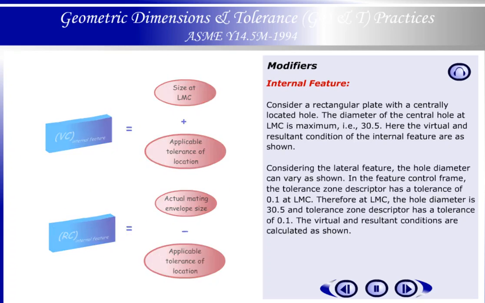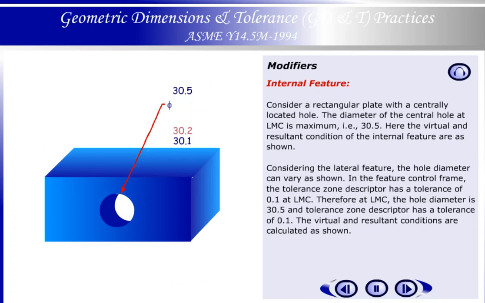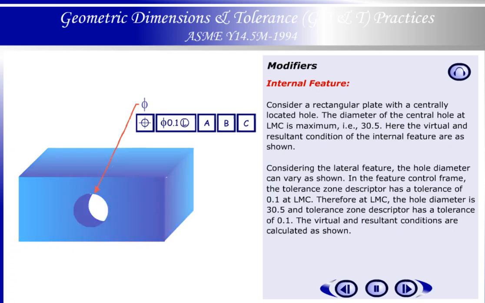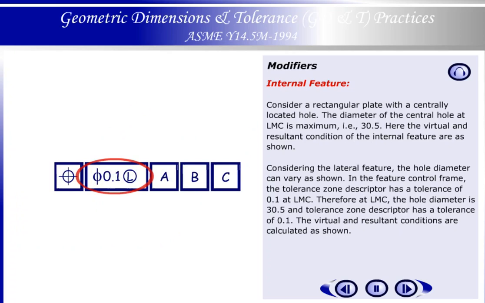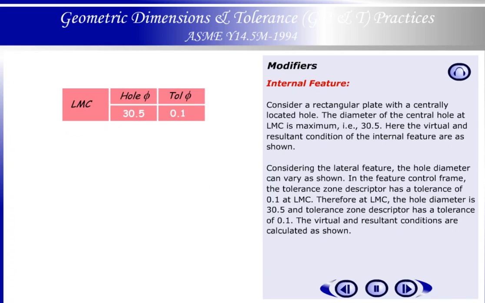Considering the internal feature, the hole diameter can vary as shown. In the feature control frame, the tolerance zone descriptor has a tolerance of 0.1 at LMC. Therefore, at LMC, the hole diameter is 30.5 and the tolerance zone descriptor has a tolerance of 0.1.